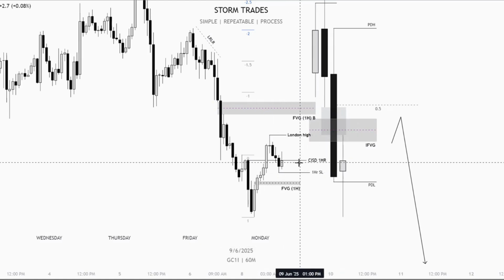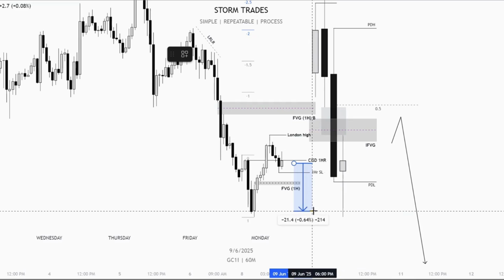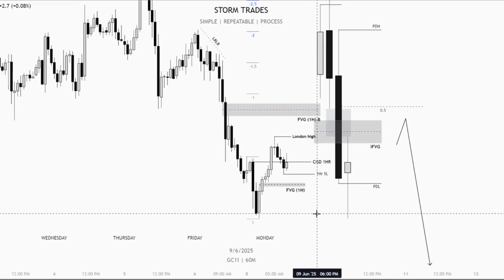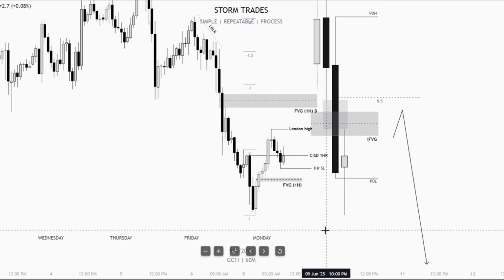There's a decent amount of room here, almost 50 bips up. So there's a lot of juice here that we could reach for, in my opinion. So that's what I'm looking for.